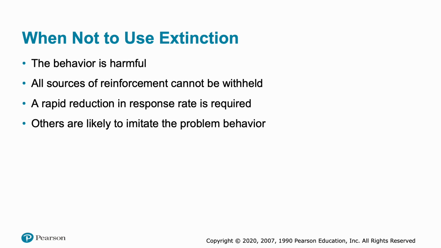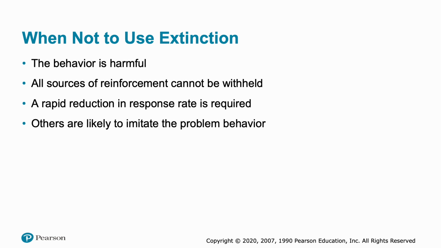And this isn't listed on here, but I mentioned this already, and it's worth mentioning again. If your caregivers, if someone in the home, if the teacher, whoever it is that you're implementing the extinction procedure around, tells you this is not something that I think I can manage right now, I'm not ready to experience an extinction burst, I'm not ready for this behavior to get worse, because this behavior is already very difficult for me to tolerate, don't implement the extinction procedure.